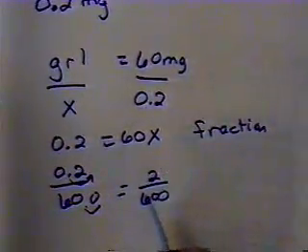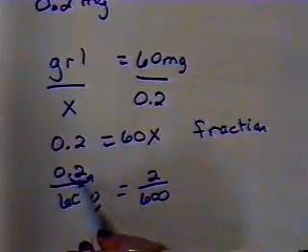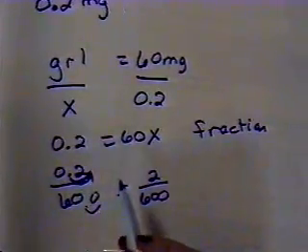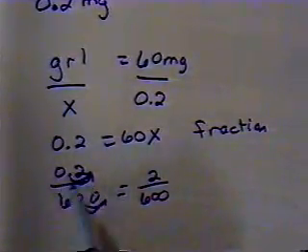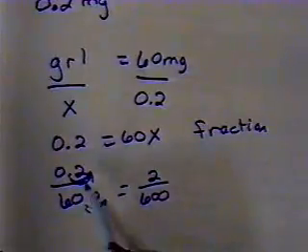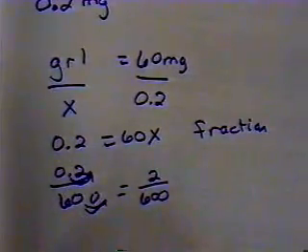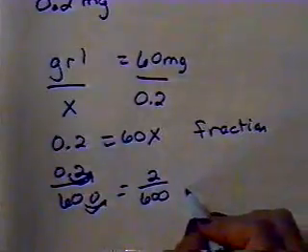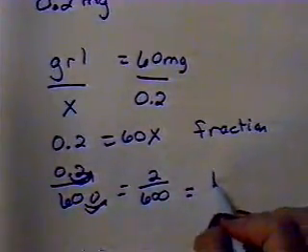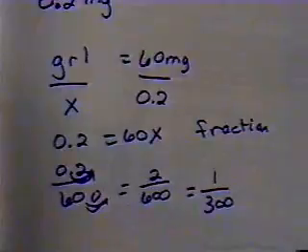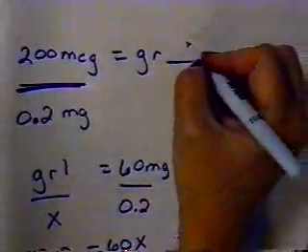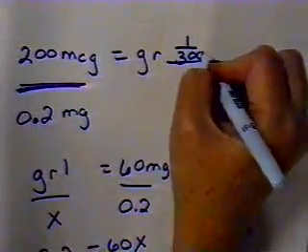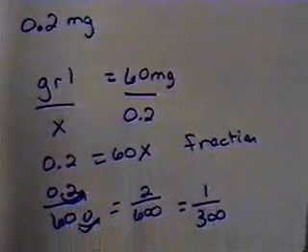Move your decimal to the right one place on top and one place on bottom, just to get rid of the decimal. Then we can reduce that. So I have 1/300th of a grain.